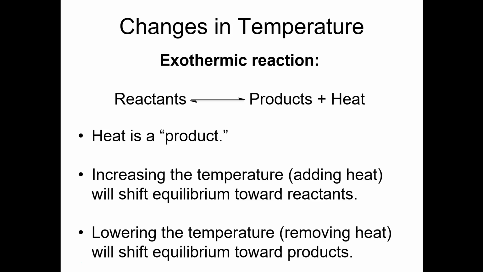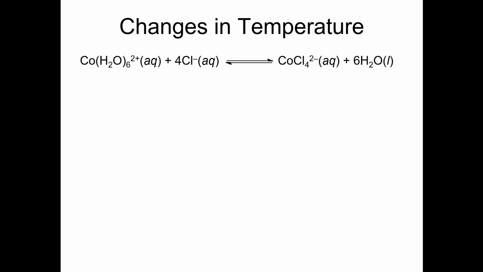Well, that's everything you need to know about Le Chatelier's principle in terms of being able to do this for an assessment. Let me just give an example, and this has to do with changes in temperature. This is part of the experiment that we're doing this week in the lab on equilibrium.